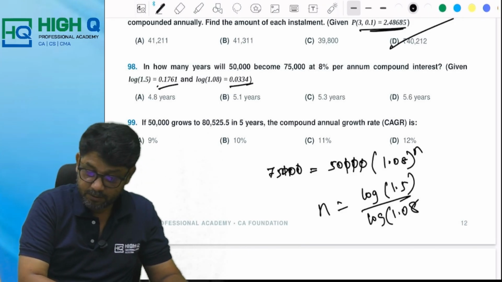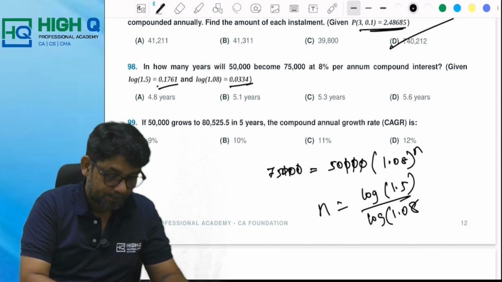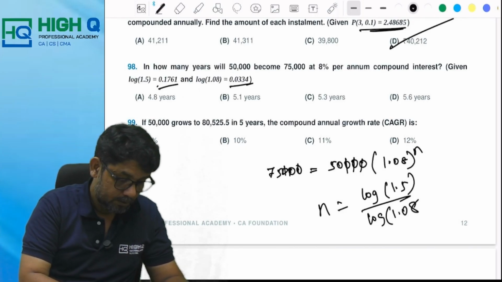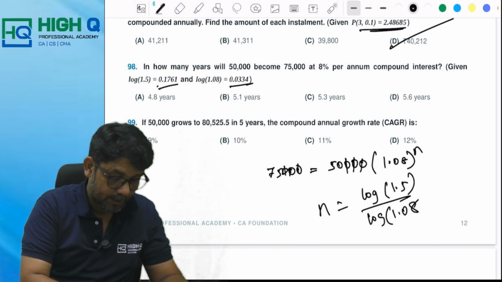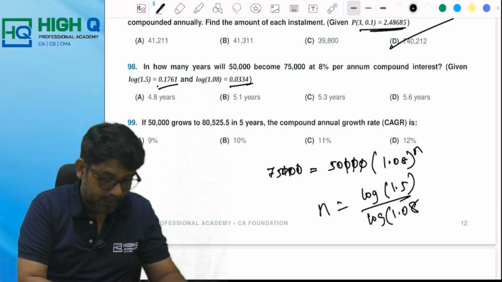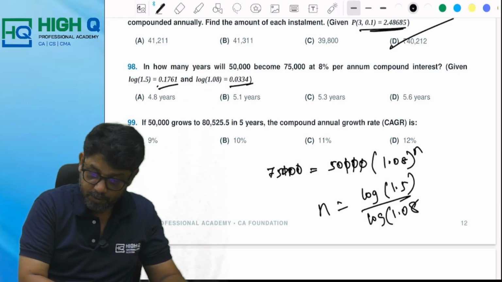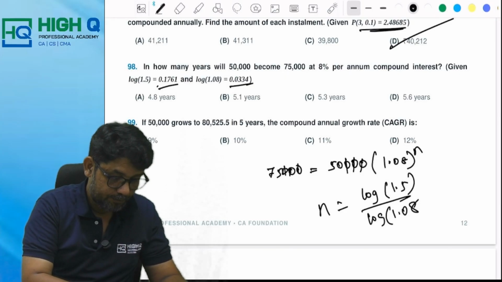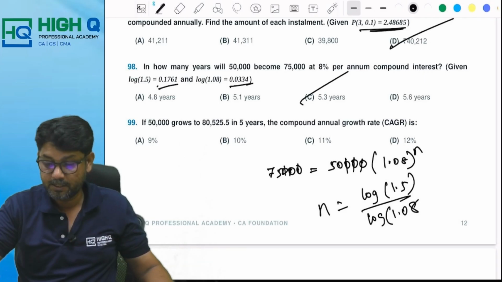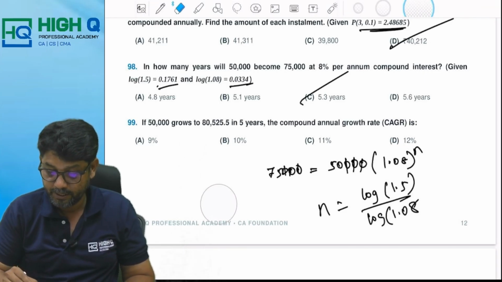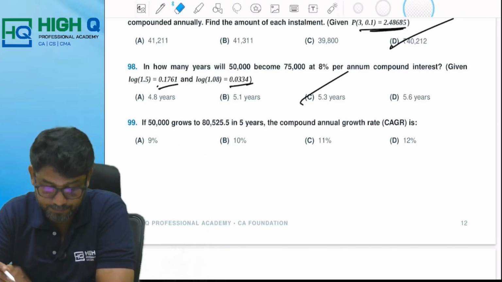These two are given, so simply divide: 0.1761 divided by 0.334. We get 5.27, which is nothing but 5.3 years. The answer is 5.3 years.